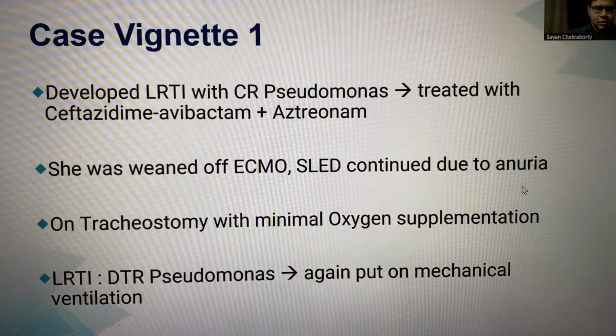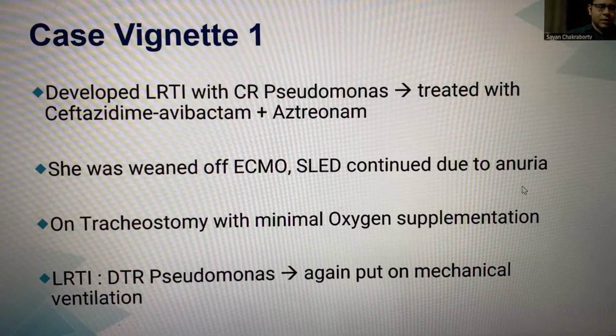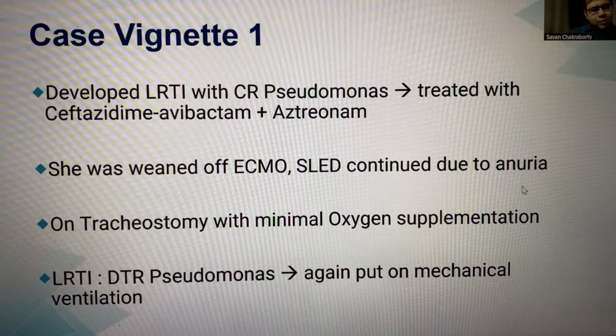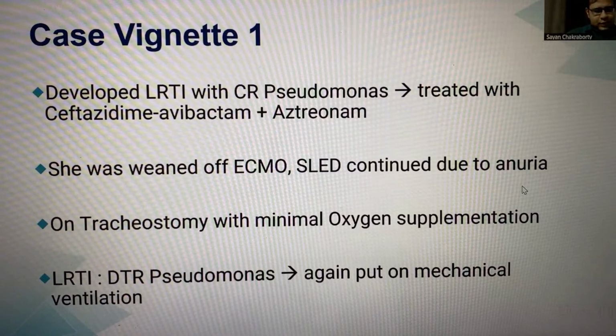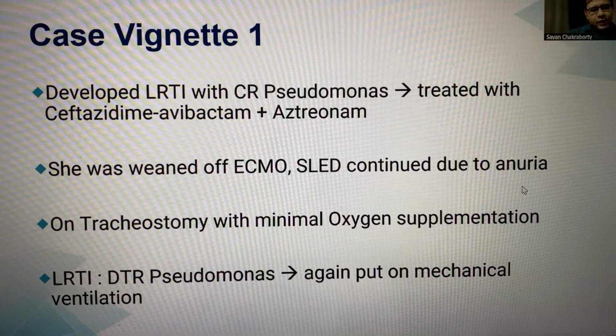All the infection control strategies were put in place, but still these infections kept on coming. Again, she developed a lower respiratory infection, and this time it was a DTR Pseudomonas. So it was resistant to the fluoroquinolones, obviously carbapenems, and the beta-lactam/beta-lactamase inhibitor combinations. So again, she was put on mechanical ventilation.